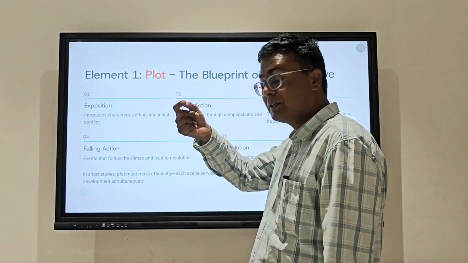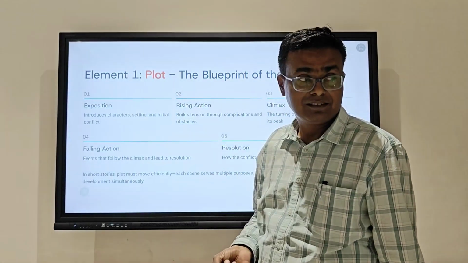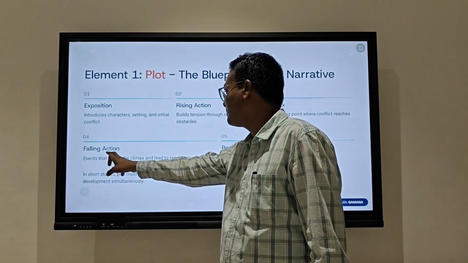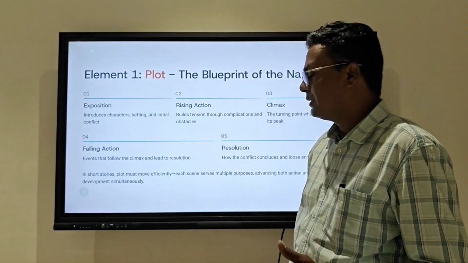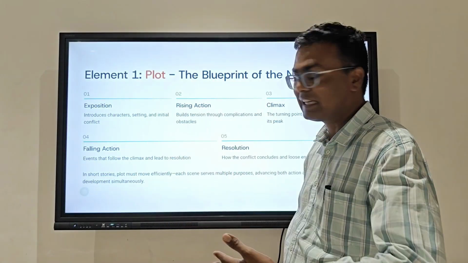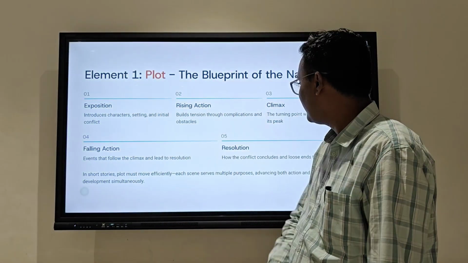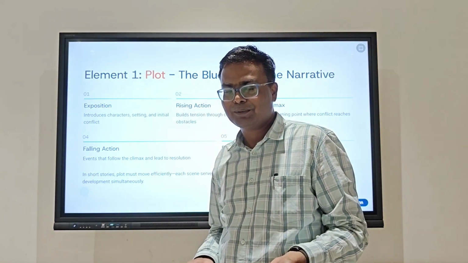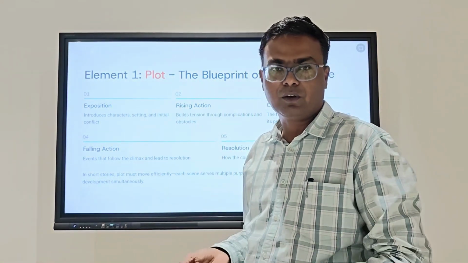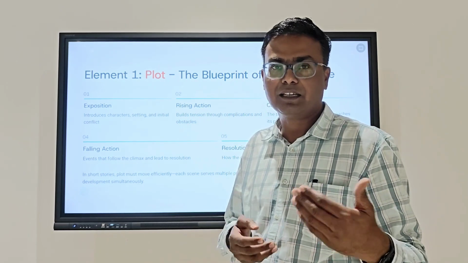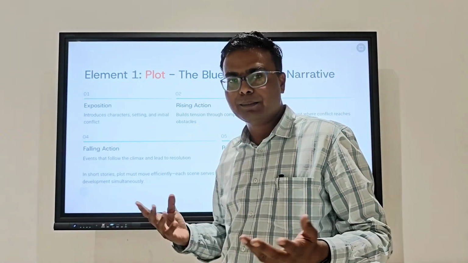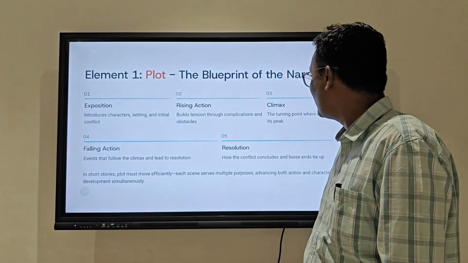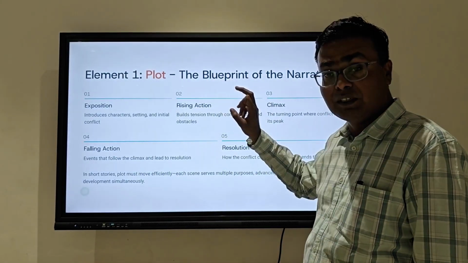And from that point, it creates tension and complications, and then the story turns towards falling action. After the climax comes falling action, which we generally call anticlimax. Then resolution, and at the end, if it is a happy ending, the hero and heroine, the characters, will get married, or there will be a bad or unhappy ending. Okay. So these are the important elements of the plot.